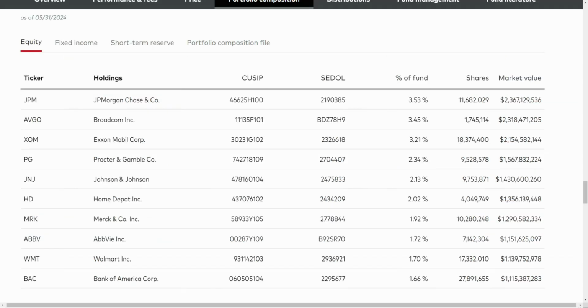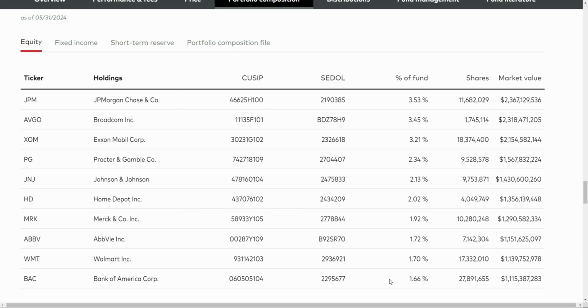Now, to give you some contrast here, if we look at another popular dividend ETF, VYM, the Vanguard High Yield Dividend ETF, which has a somewhat similar investment methodology, this fund has different weightings at the top, and there is quite a bit of discrepancy between the top holding, which is JP Morgan Chase, and Bank of America, with Bank of America having 1.66% of the total assets and JP Morgan having 3.53%.